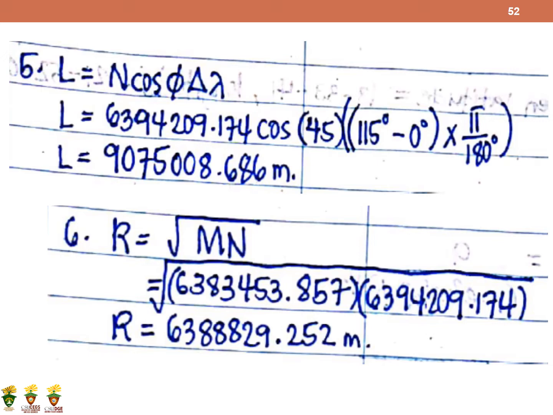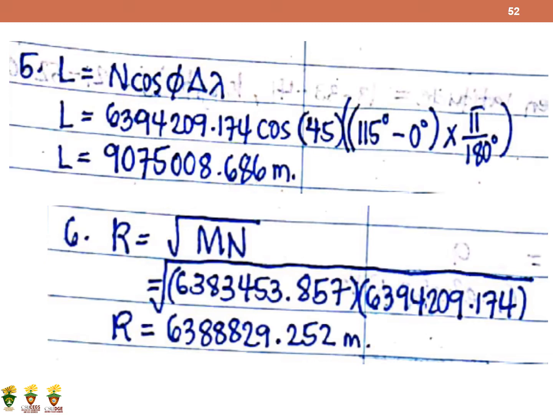What you need to know here, class, is that if only one geodetic longitude is given, you're going to assume that your first longitude is 0. But if the question gives a second longitude, then you're going to use it.